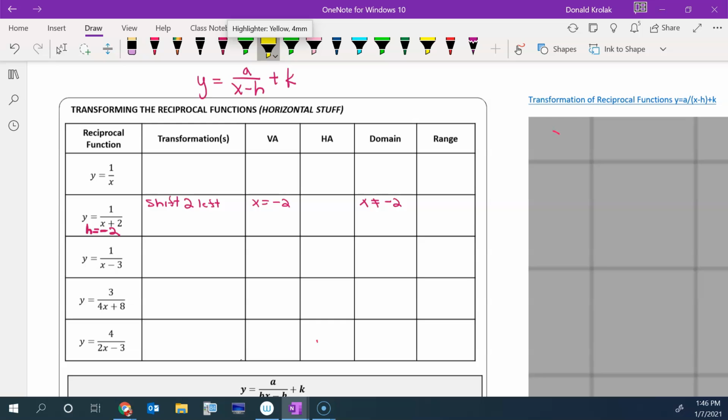So if you have a highlighter or something, this h value gets repeated there and gets repeated there. And then the y values didn't change. They stayed the same. This is still y equals 0. This is y cannot be 0.